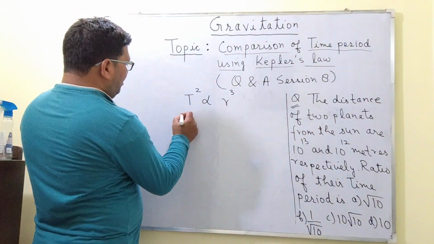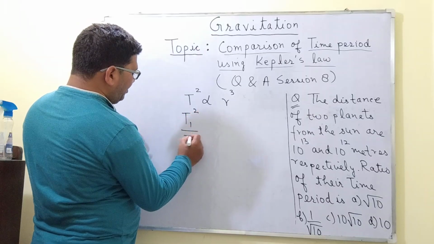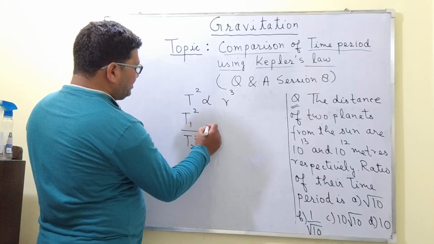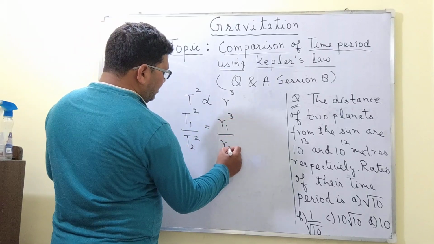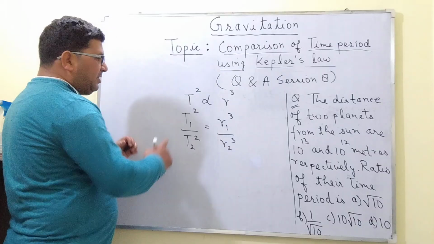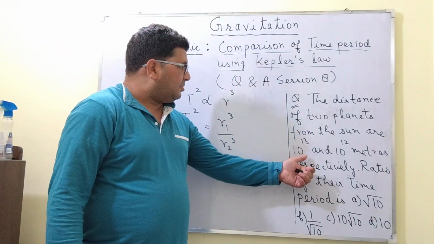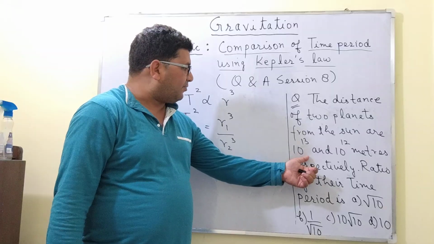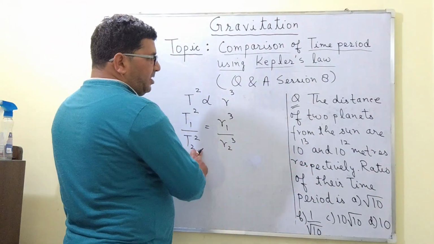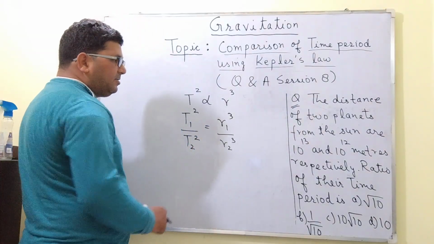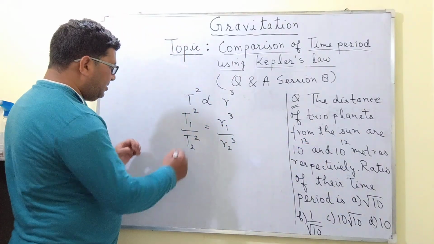So T1 square upon T2 square will be equal to R1 cube divided by R2 cube. Now here T1 is the time period of the first planet which is at a distance of 10 to the power 13 meters from the sun, and T2 is the time period of the second planet which is at a distance of 10 to the power 12 meters from the sun.